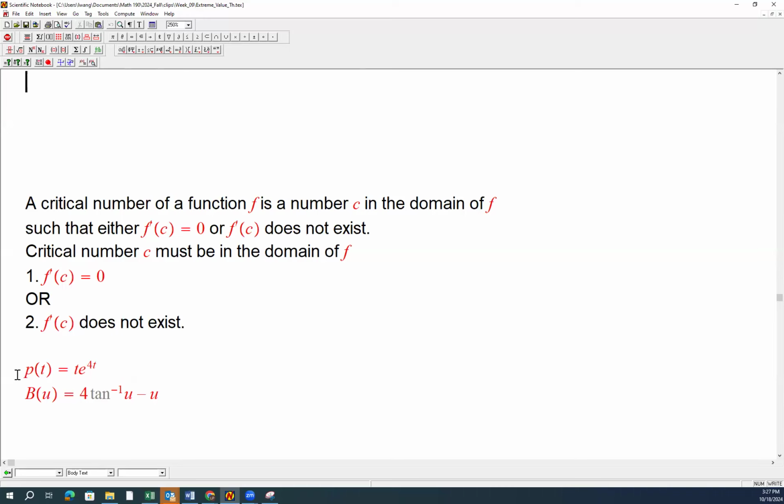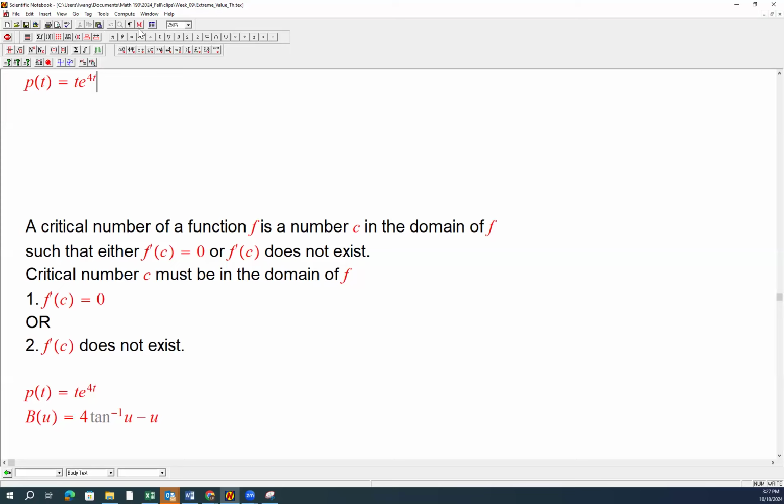And let's do this P of t. All real numbers is the domain, from negative infinity to positive infinity.